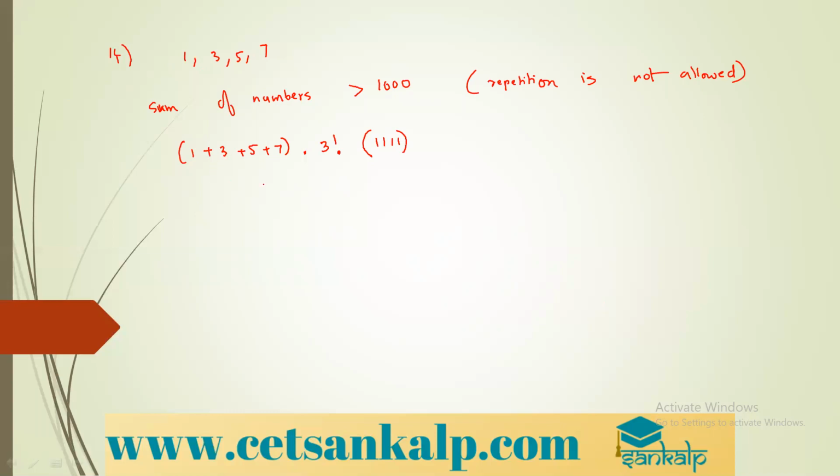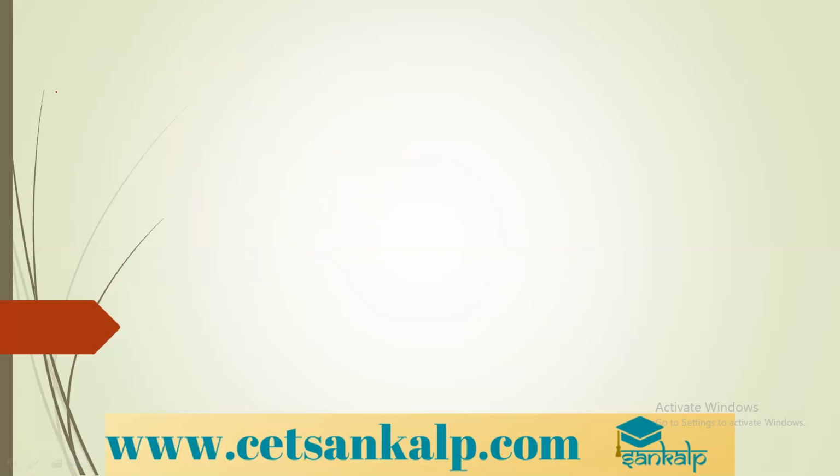So here you will have 16, this is 6, this is 1111. That means 96 has to be multiplied by 1111, which will give us 1,06,656. That is the sum of numbers formed.